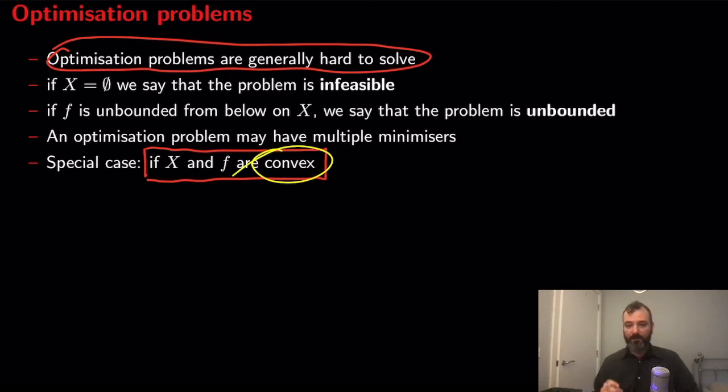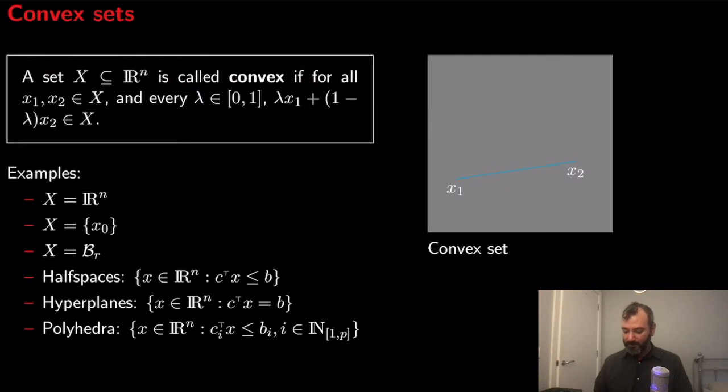So the assumption of convexity can make our analysis simpler. From now on, we will be focusing on convex sets x and convex functions f. And you guessed right, I must tell you what convex means. So this is what we will do next. Just a moment.